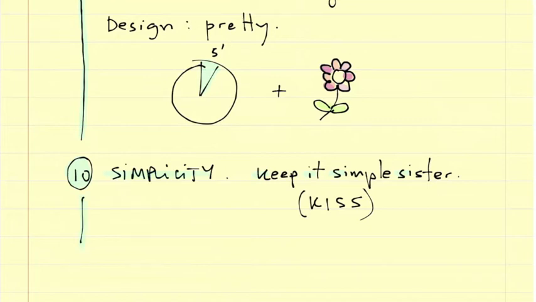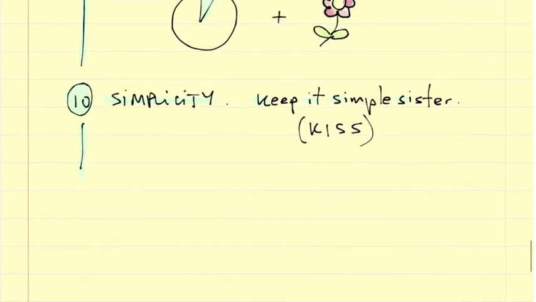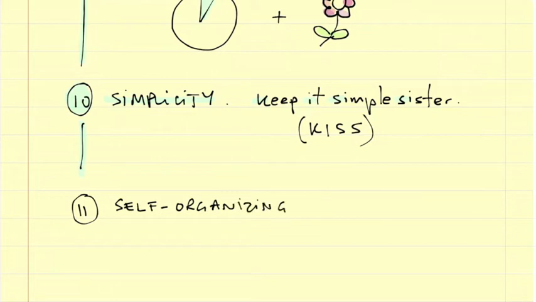Number 11, by now you should know a little bit about this. We're looking for self-organizing networks. And for that, we want to reduce the average path length and increase the clustering coefficient.